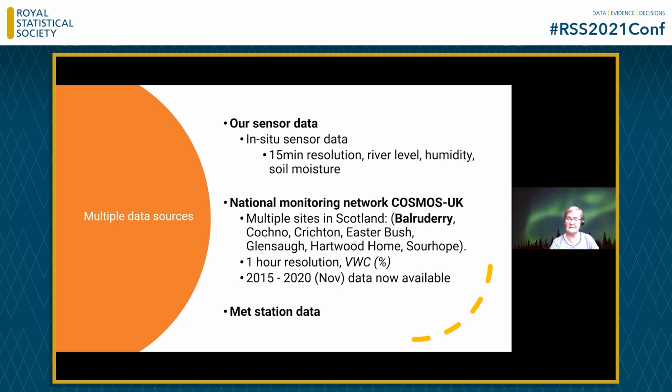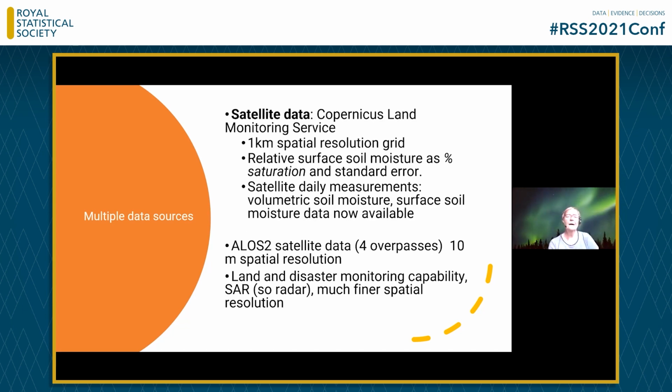We've also got Met Station data, since soil moisture clearly must be related to how much rain there has been. We broadened our remit to look at some satellite data as well. So we've also been extracting Copernicus land monitoring data. This is at 1 kilometre resolution, which is quite large for such a small catchment, and I'll show you some pictures in a minute or two.